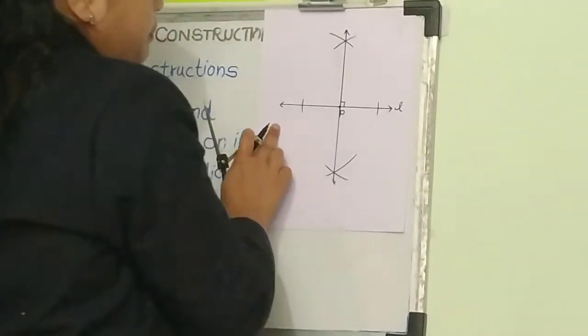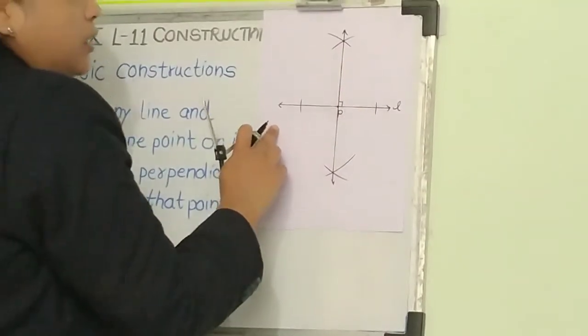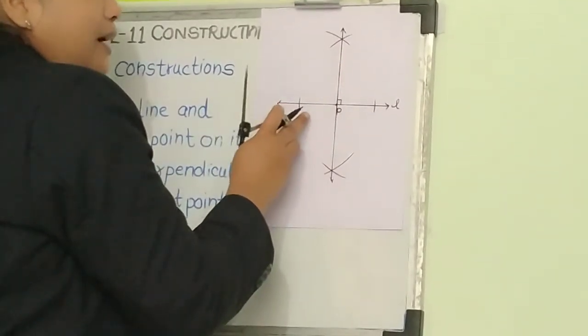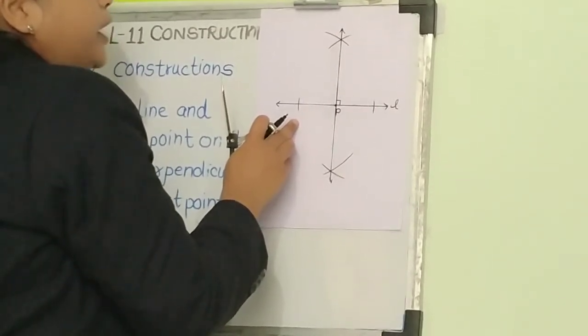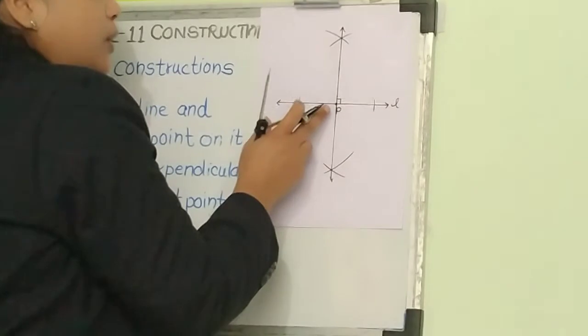Again I am going to explain what I will do. First we have to draw any line L. Then we have to take point P anywhere on the line.